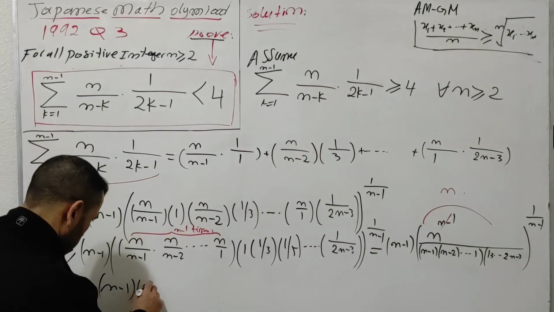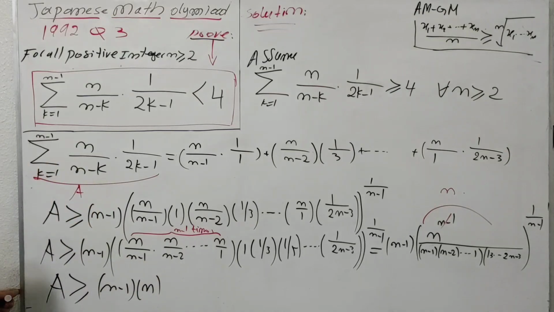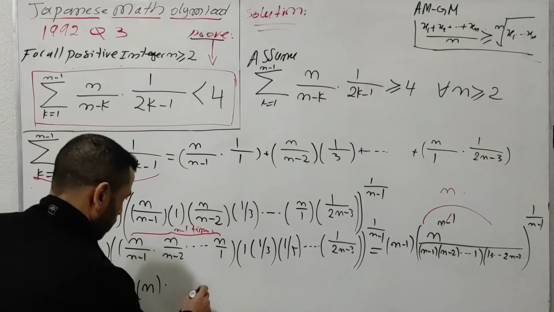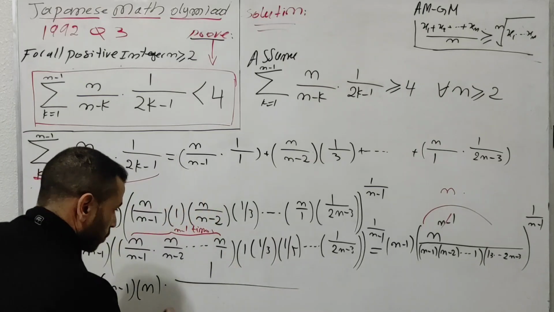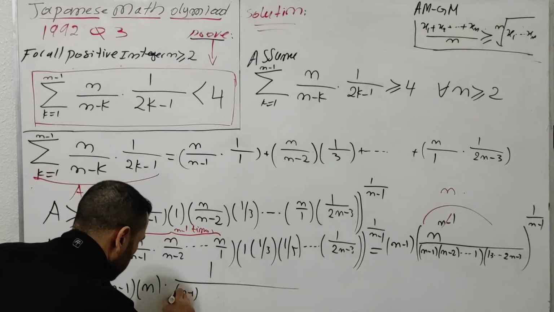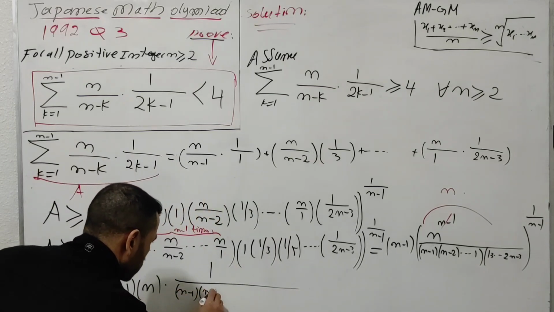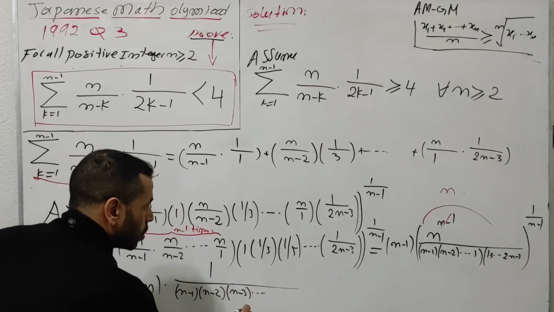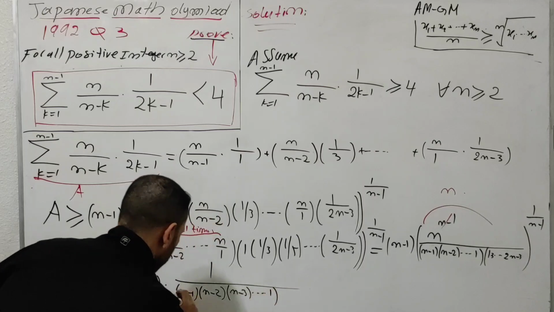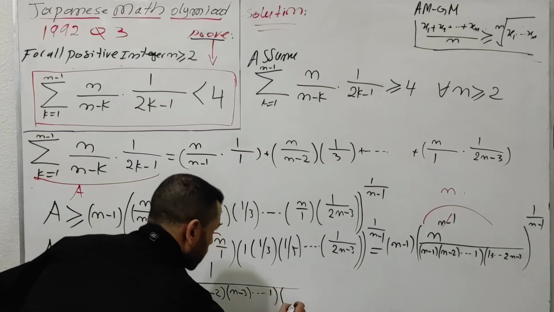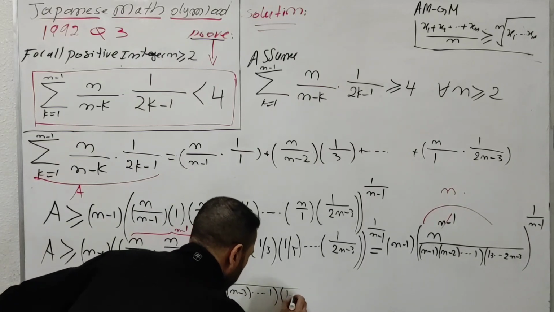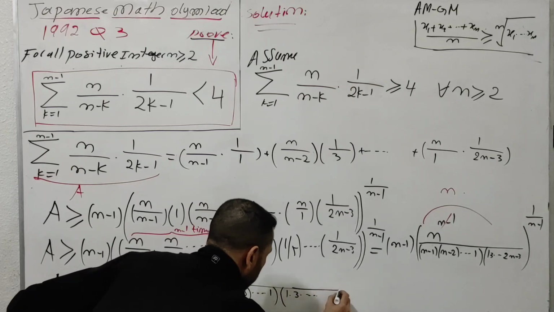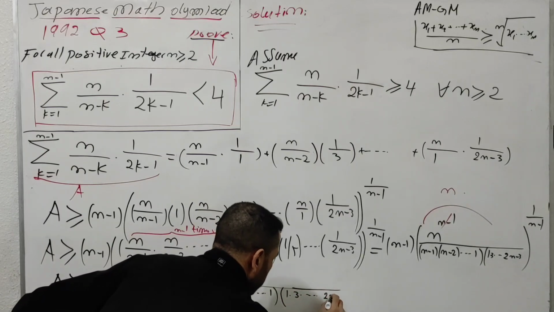So I will get n minus 1 multiplied by n multiplied by the reciprocal of 1 over n minus 1 multiplied by n minus 2 multiplied by n minus 3 and all the way down to 1. This one is multiplied by the second product, which is 1 multiplied by 3 and all the way down to 2n minus 3.